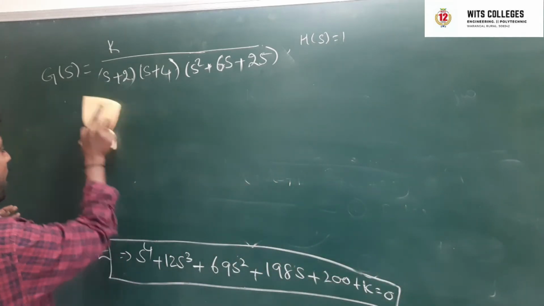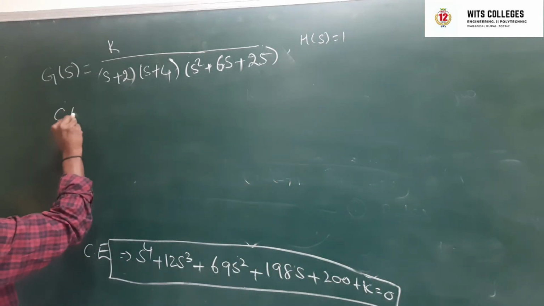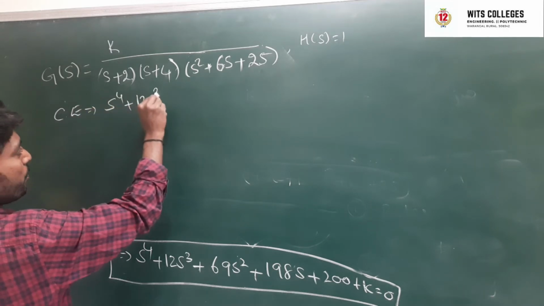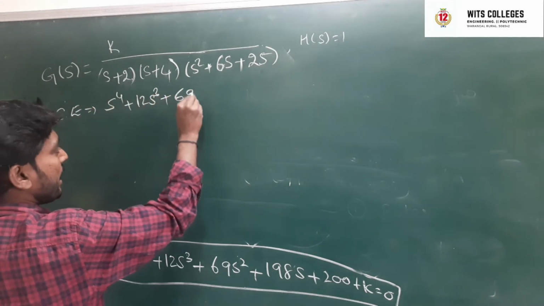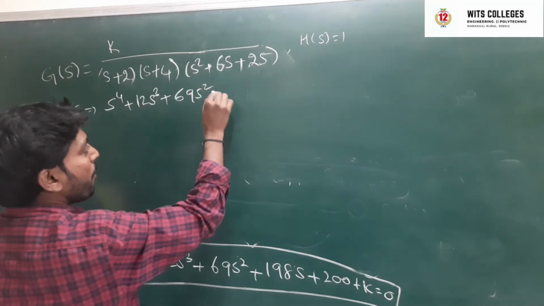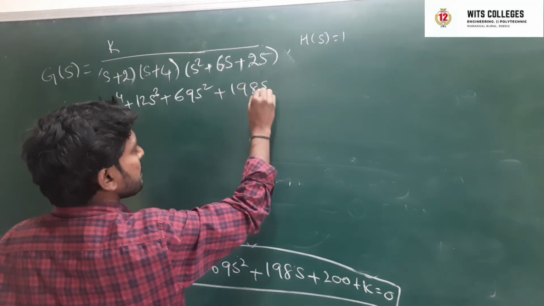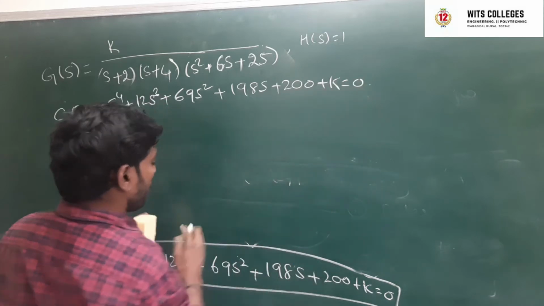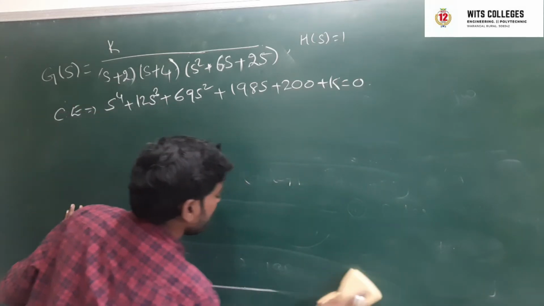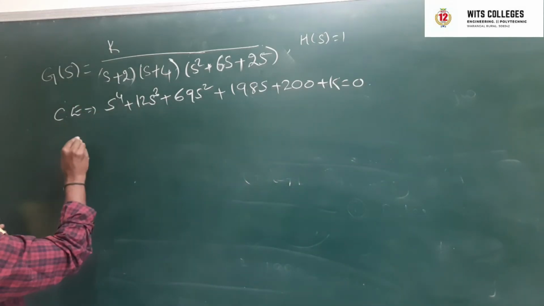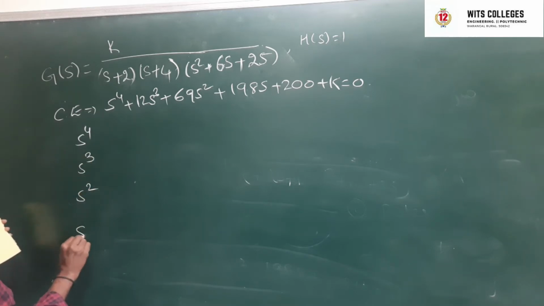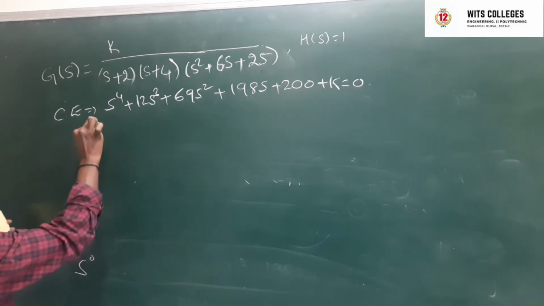See here the equation: s power 4 plus 12s cube plus 69s square plus 198s plus 200 plus K equal to 0. By using that equation, we form the array with s power 4, s cube, s square, s power 1, s power 0.